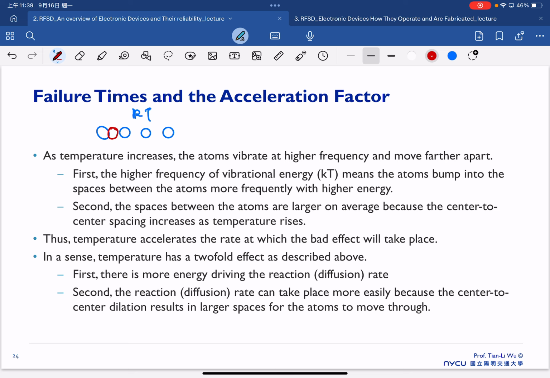but once you go to the high temperature, this is another explanation why high temperature always drives degradation faster, because of two reasons.